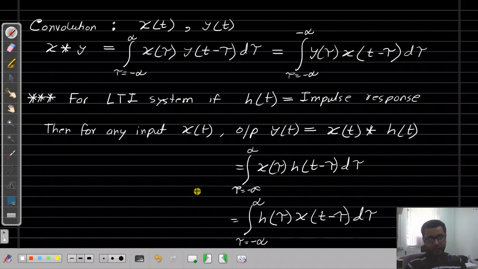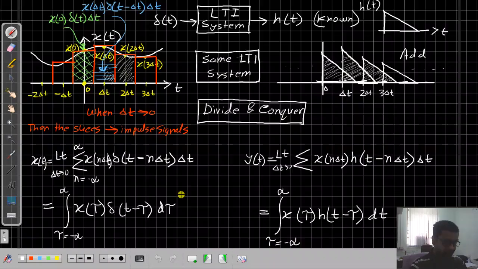Now, what is the fundamental idea behind this complicated formula? That is what we saw: given any arbitrary input, you can always break it into smaller slices, and when the width of these slices delta t tends to 0, then it becomes a sum of time shifted delta functions.